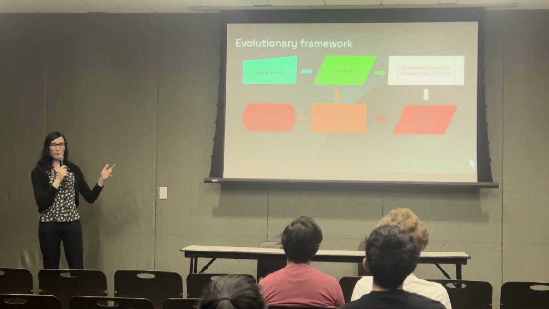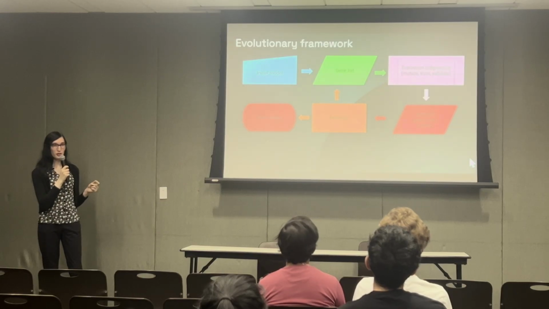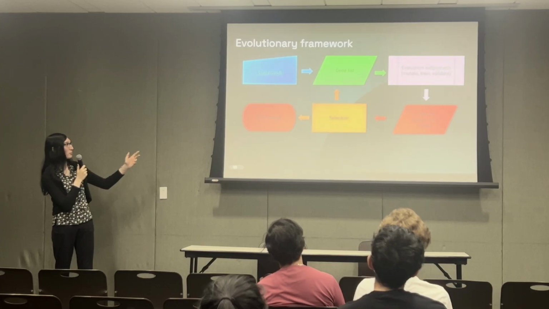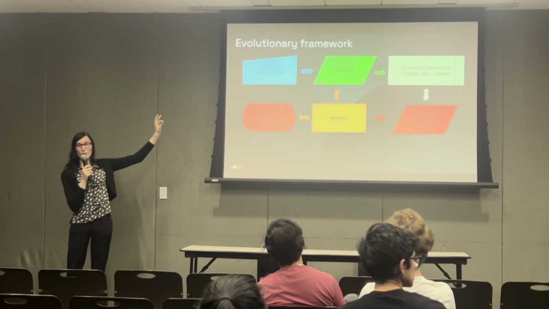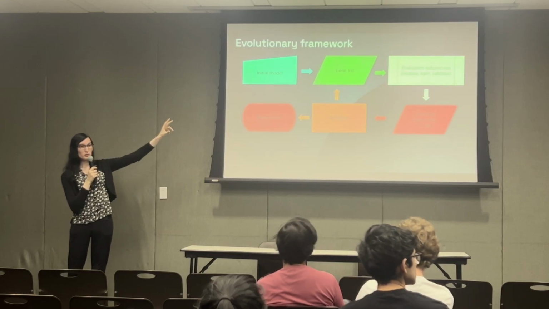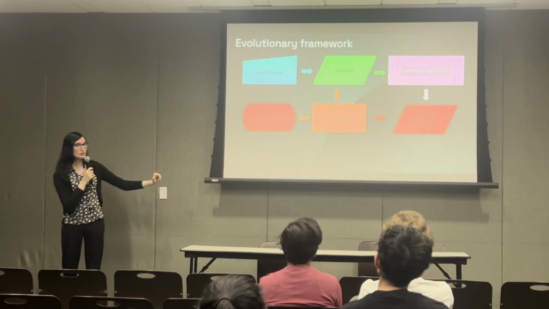The framework we have for the evolutionary process is a pretty basic evolutionary algorithm framework. We start from an initial model and generate a gene sequence from that to initialize the gene list.